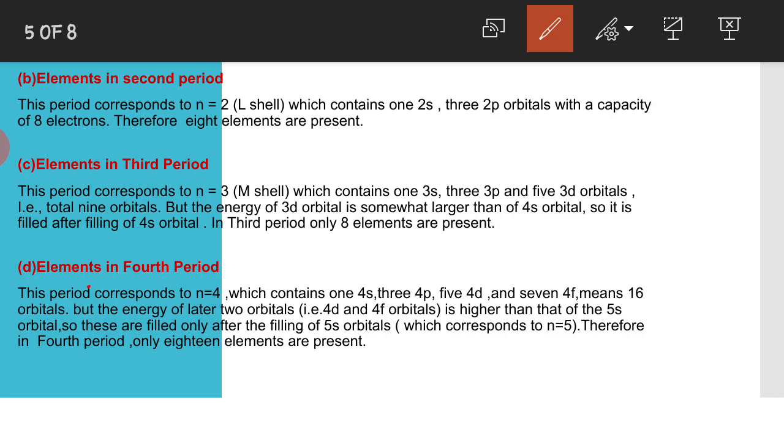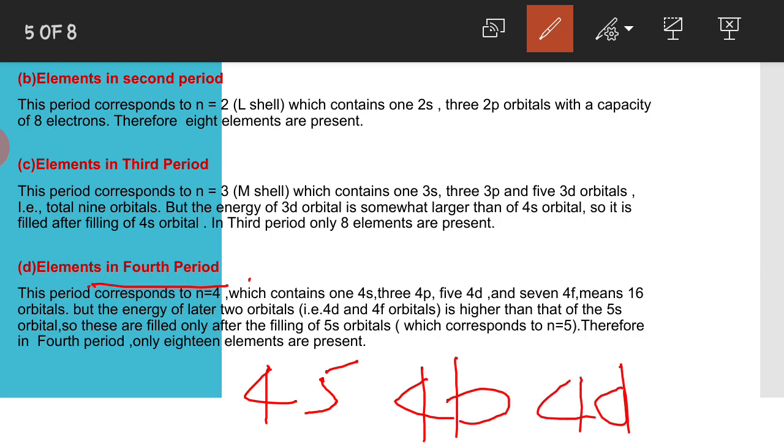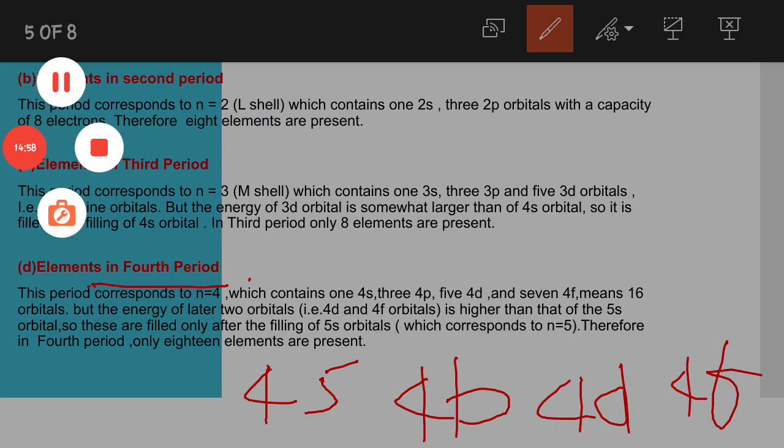Elements in fourth period. This period corresponds to n equal to 4, which contains 1 4s orbital, 3 4p orbitals, 5 4d orbitals and 7 4f orbitals, that is, 16 orbitals.